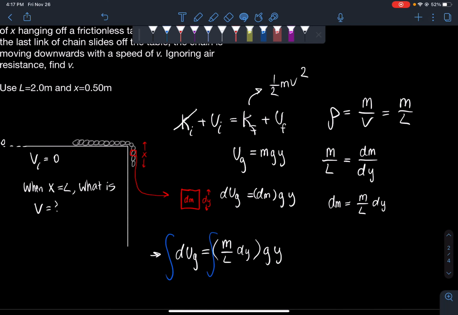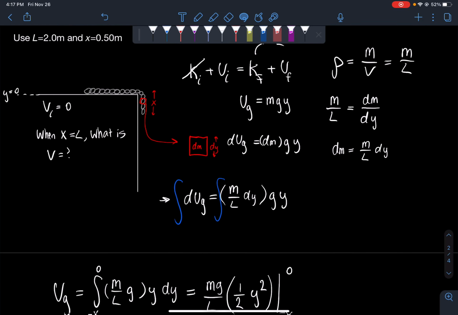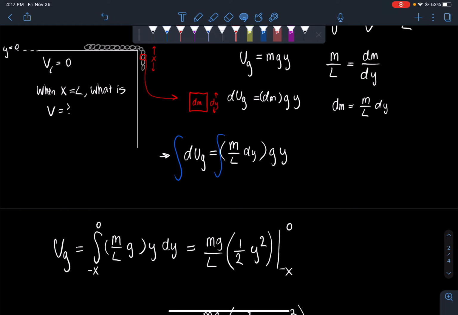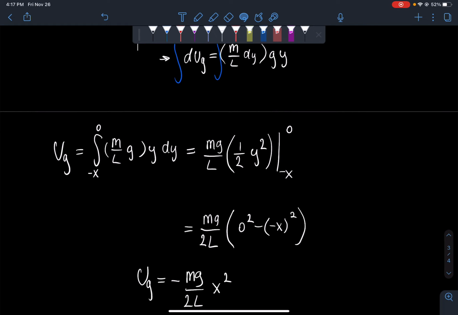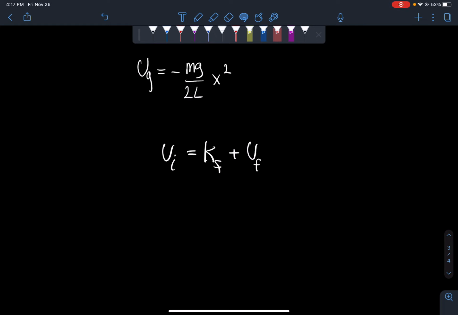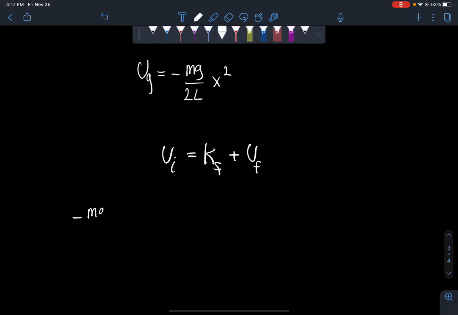X stands for the amount of length that's hanging off, and there is x amount of length hanging off at the beginning. So the initial potential energy is just going to be negative mg over 2L x squared. And that's equal to 1/2 mv squared, which we're trying to solve for v. And then the final potential energy.